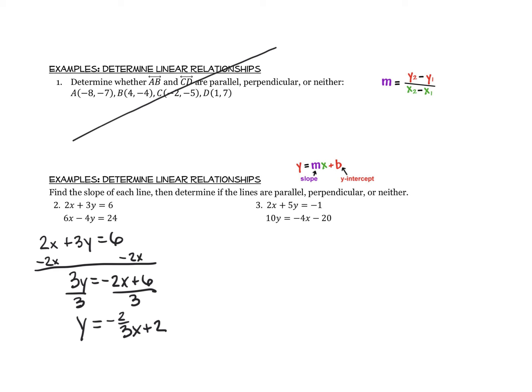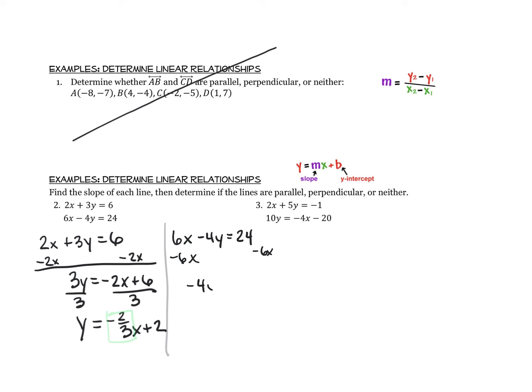We do that by adding or subtracting the x term, and then we divide to get y by itself. So this slope is negative 2/3. Now let's find the slope of the other line. The other line is 6x minus 4y equals 24. First thing I want to do is subtract 6x.